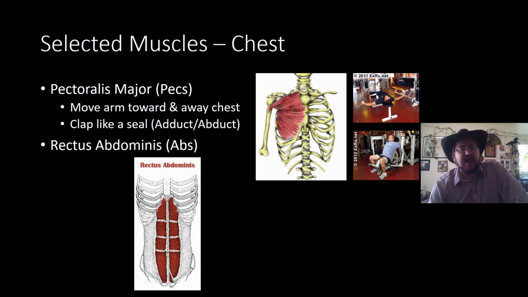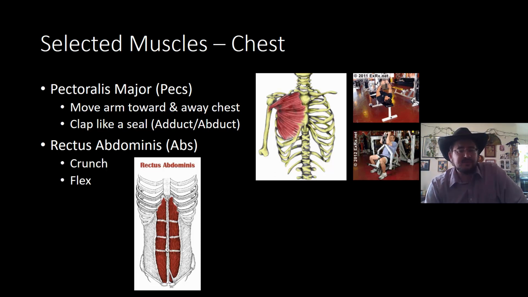The rectus abdominis, your abs, your abdominals, right? They allow you to essentially do crunches. So, flexion of the abdominals alone moves your body slightly, a little bit.